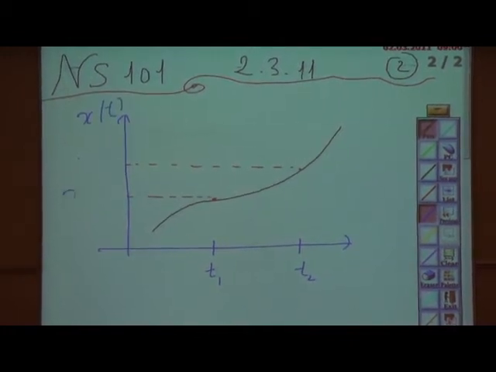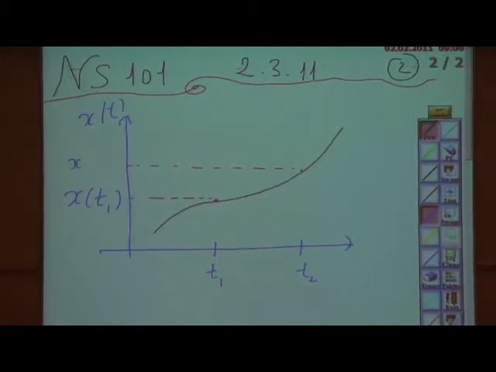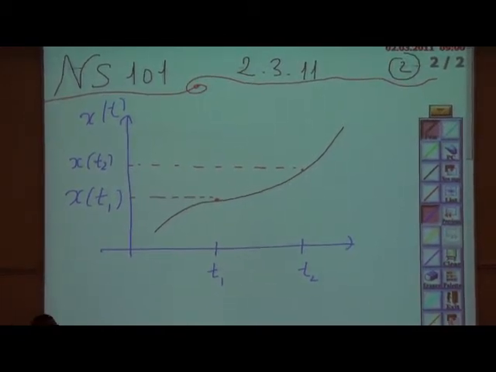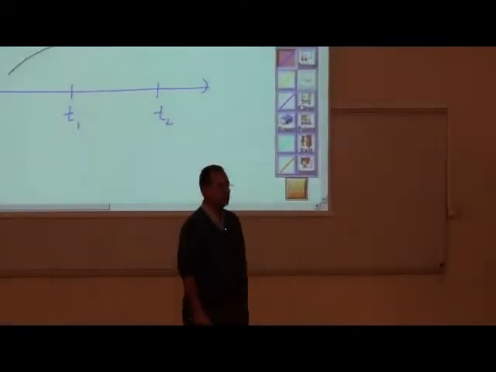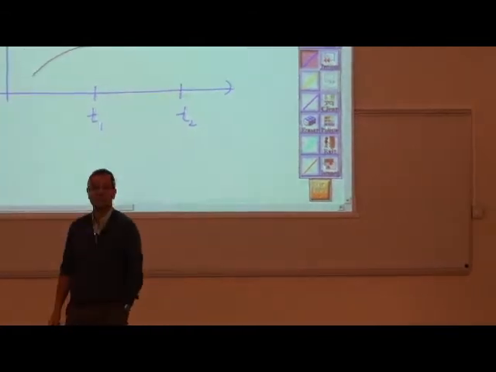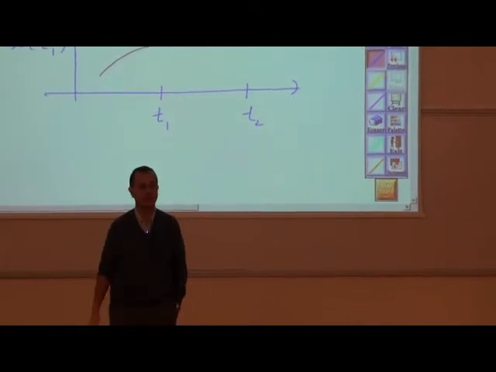So here is x of t1 and here is x of t2. For example, t1 is, let's say, 9 o'clock time now, and my particle is at position 2.5 meters. So x of t1 is 2.5 meters.